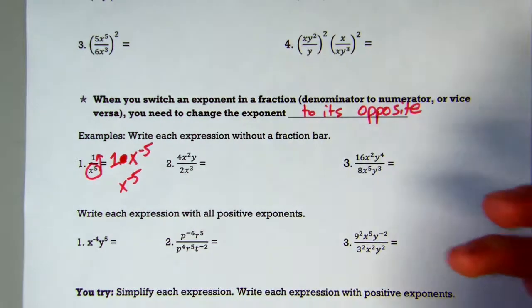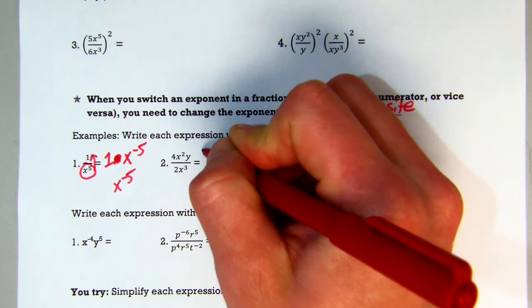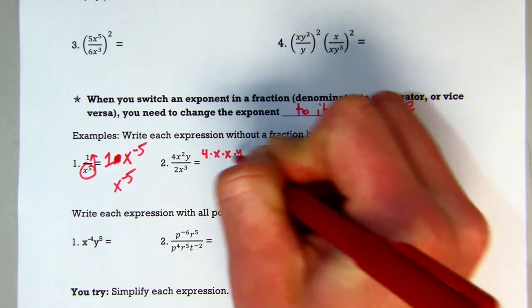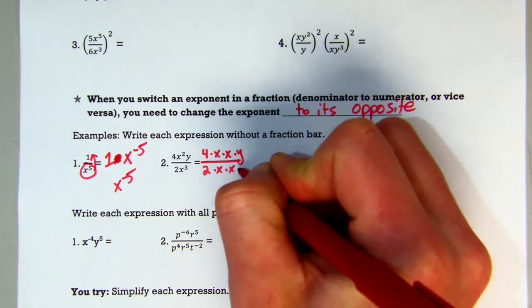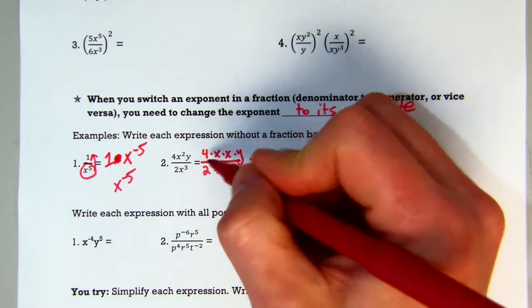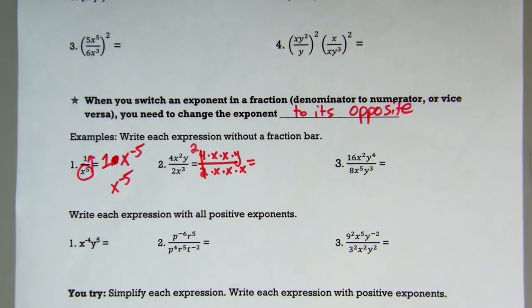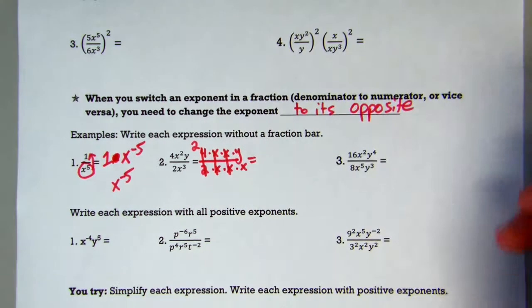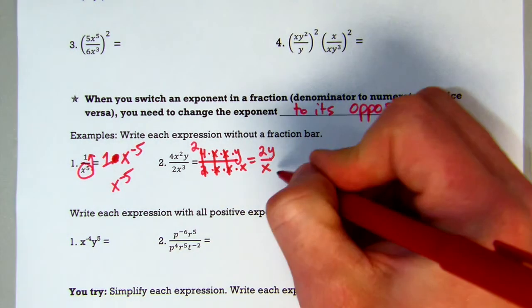Let's go do the same thing for this one right here. What I'm doing is I want to expand and cancel some stuff. Do 4 times x times x times x. The 4 becomes 2, and 2 becomes 1.